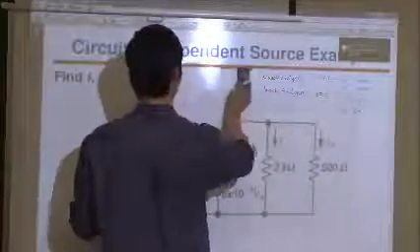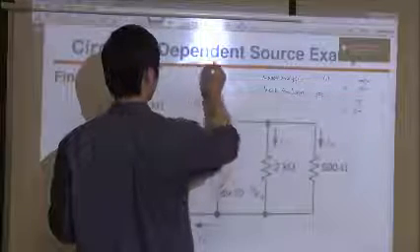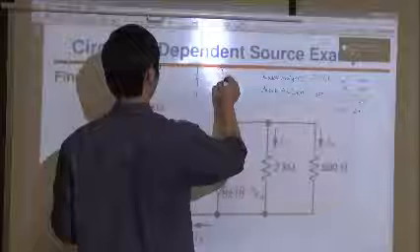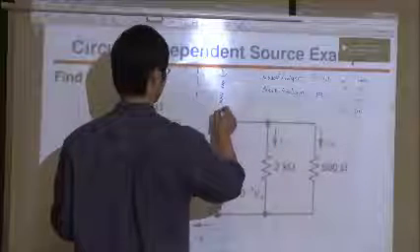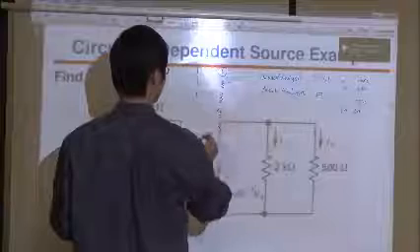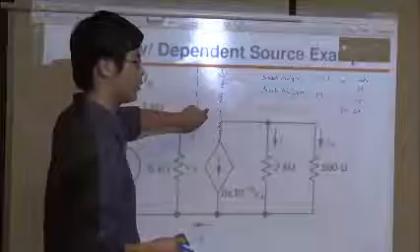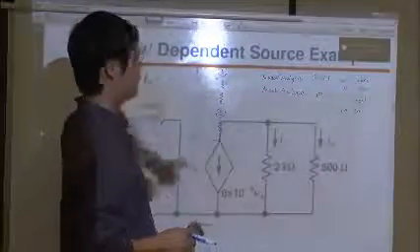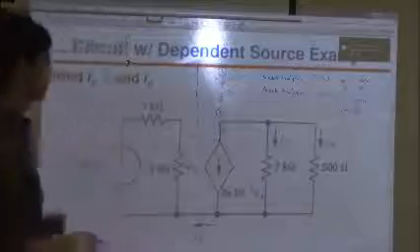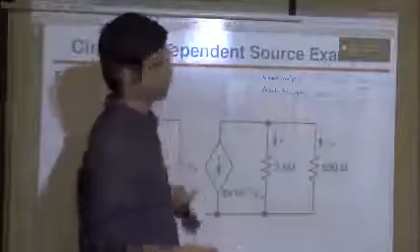Another example is when you have a lot of nodes, something like this. You have one mesh, but you have 1, 2, 3, 4, 5, or maybe 6 nodes. So it's much easier to use mesh now.